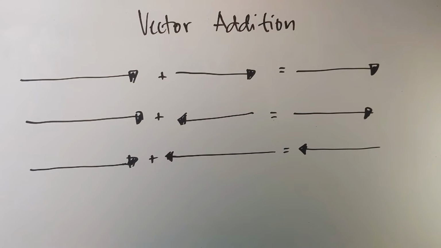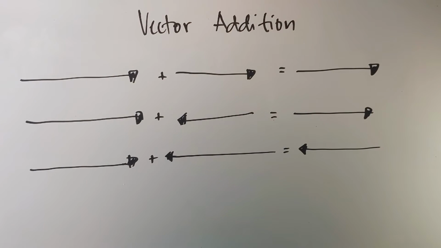For us to quantify those, we add them, and we call that vector addition. Basically you're just going to add the magnitude and consider the direction when adding those vectors.